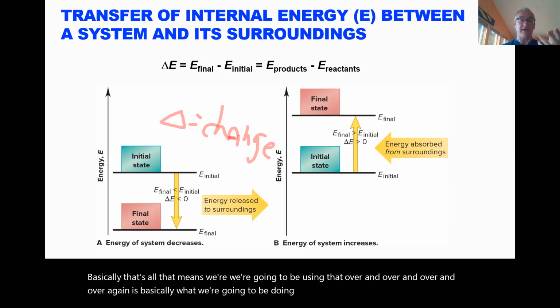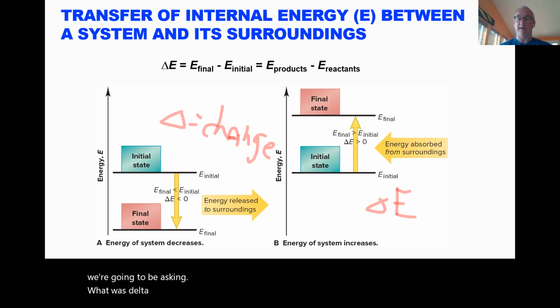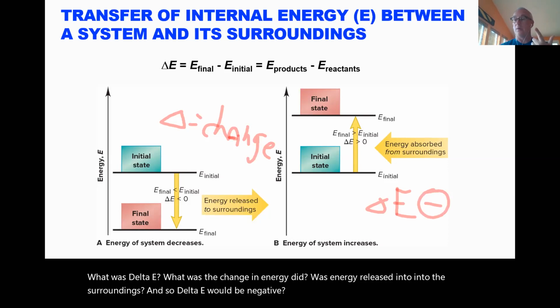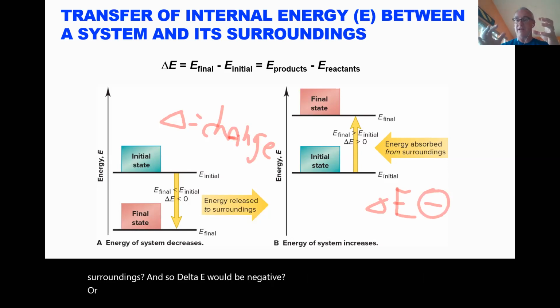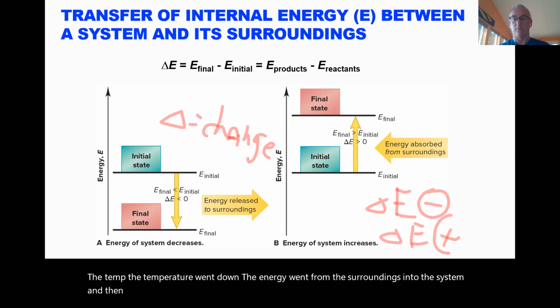After a chemical reaction happens, we're going to be asking, what was delta E? What was the change in energy? Was energy released into the surroundings? And so delta E would be negative. Or was the change in energy such that the temperature went down, the energy went from the surroundings into the system, and then delta E would be positive.